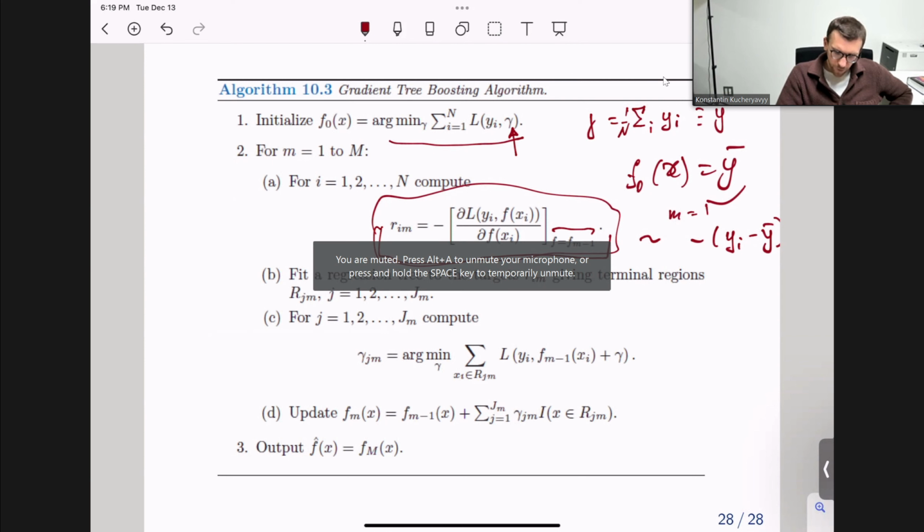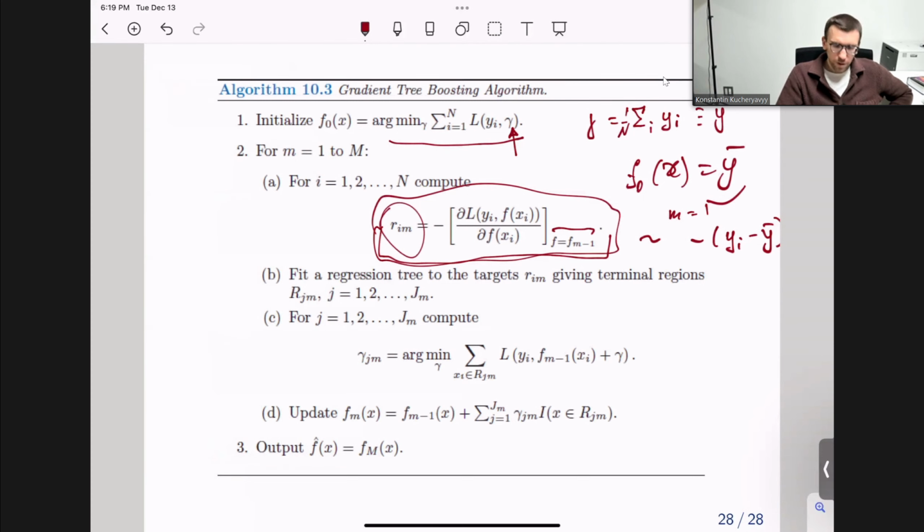Then we fit the regression tree to these residuals to construct a function that approximates or extrapolates these residuals. Then, for each region, we calculate the value that we are going to assign to that region by minimizing the loss function here.